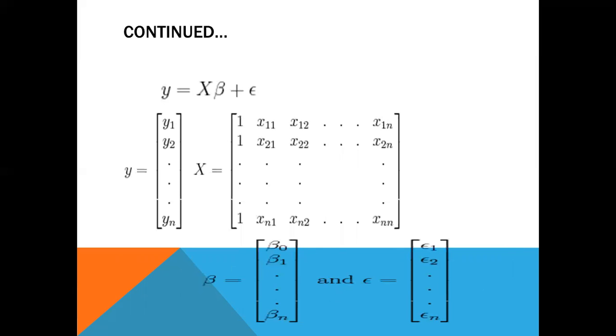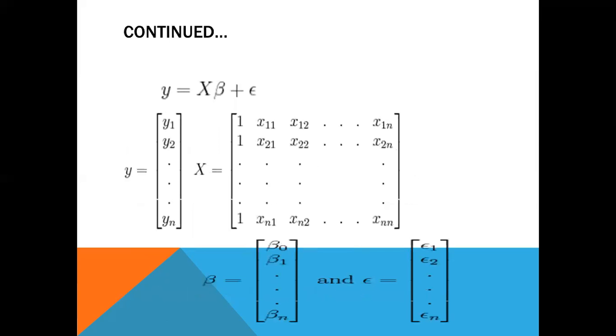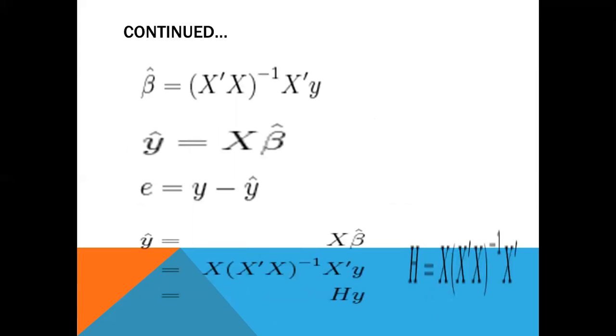Just take two input variables x1, x2 with some very simple values and apply this formula b0 plus b1 x11 plus b2 x12. Then by using this formula you can solve them easily if you take some simple values for x and y.